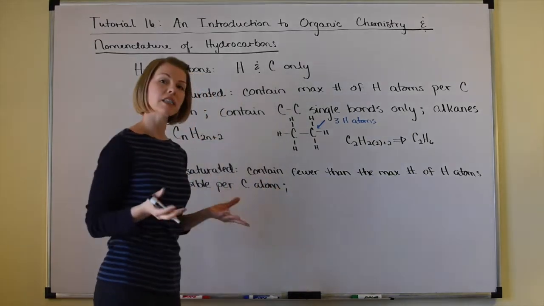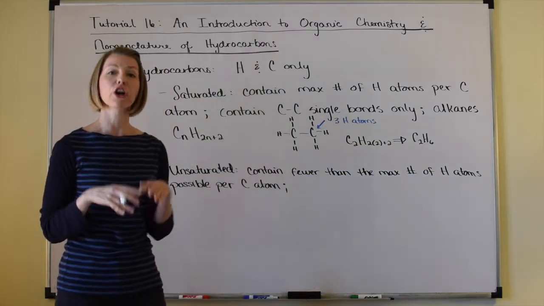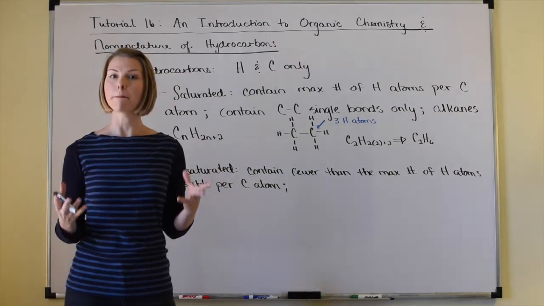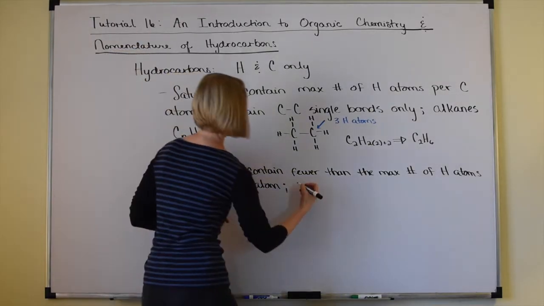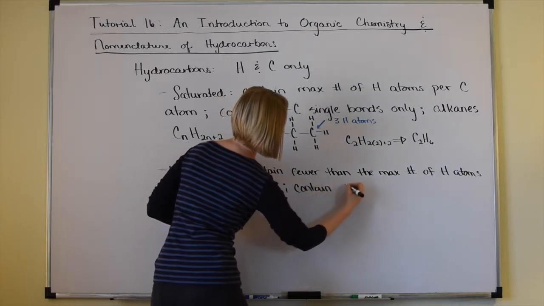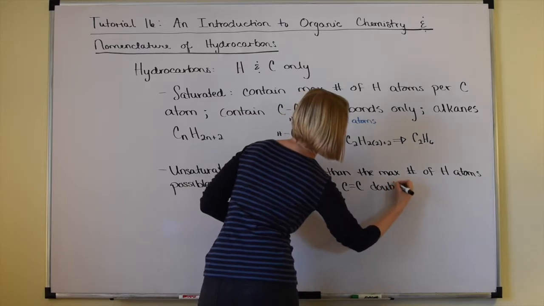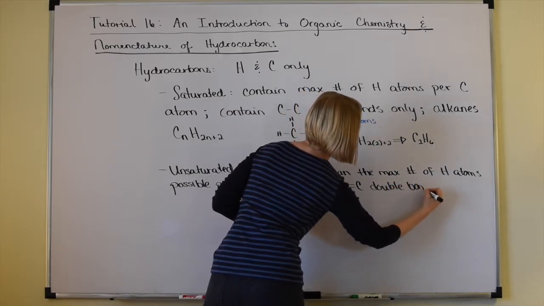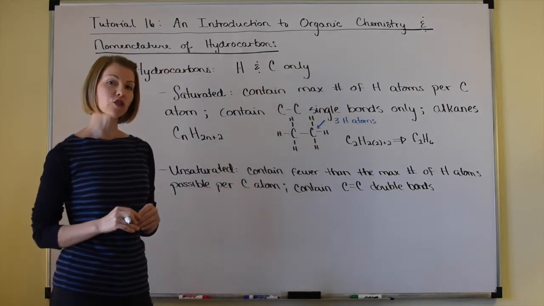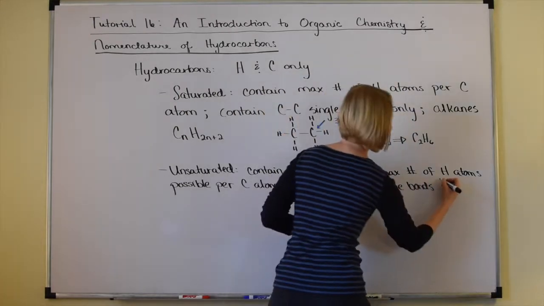And this is because your unsaturated hydrocarbons will contain either carbon-carbon double or carbon-carbon triple bonds. They contain carbon-carbon double bonds. The more specific term for an unsaturated hydrocarbon that contains carbon-carbon double bonds is alkene.